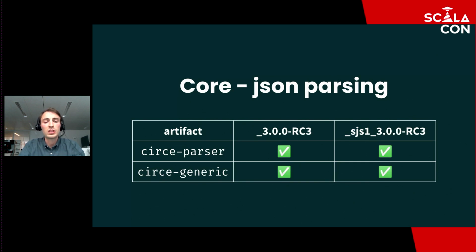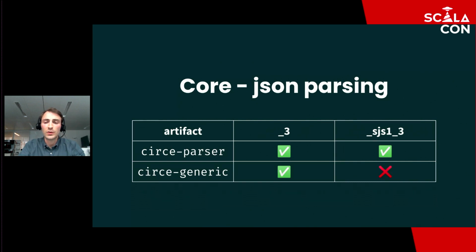One thing about circe generic is that it is a macro library. And as you may know, we can't use Scala 2 macro libraries in Scala 3. That's why, in this case, I really need the artifact to be available in Scala 3.